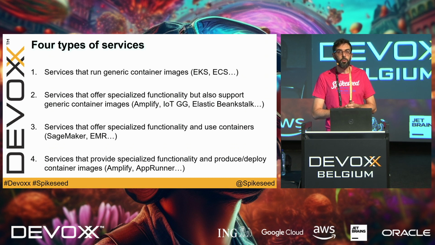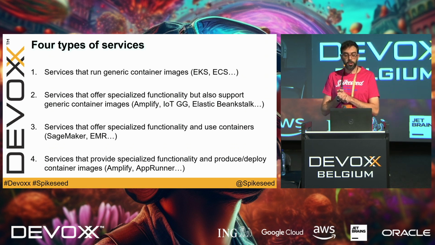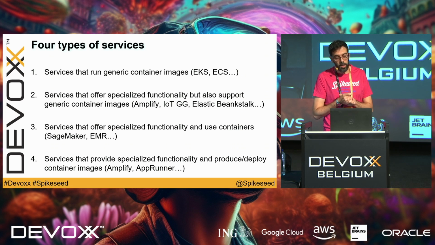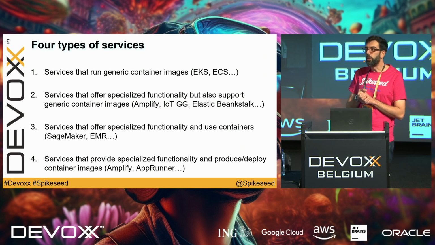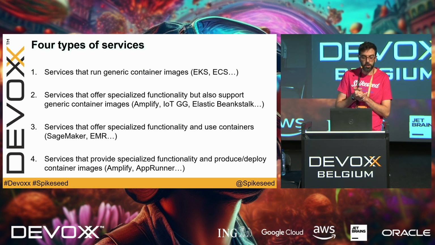So today we're going to look into 4 types of services, so we group them by 4 types. There are services that run generic container images, like EKS and ECS. We'll tell you more what that is later on. We have services that offer specialized functionality, so maybe their main job is not to run generic containers, but still support container images.